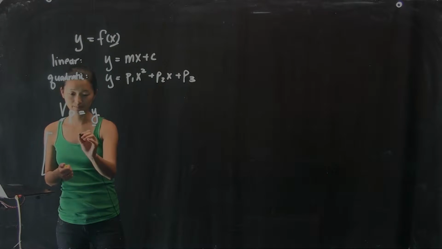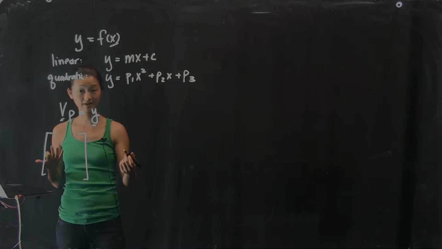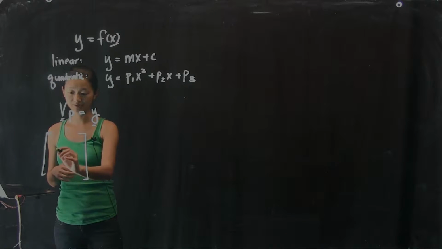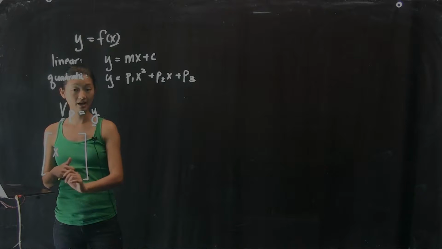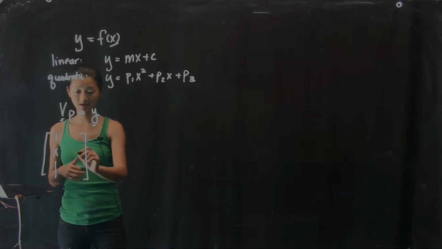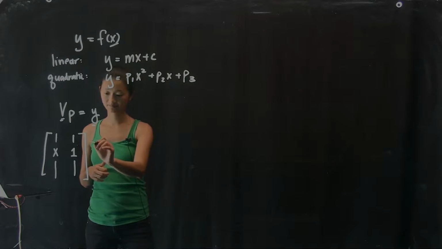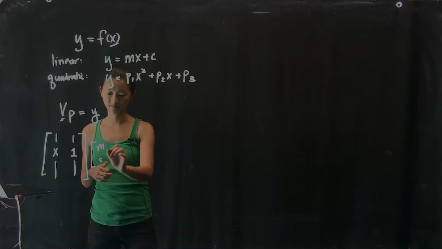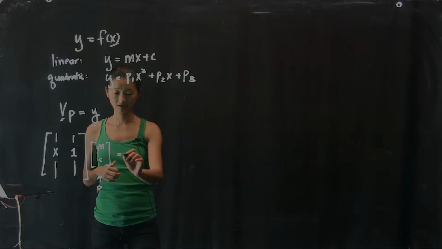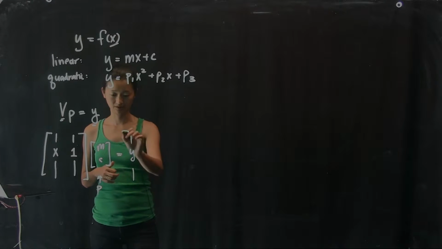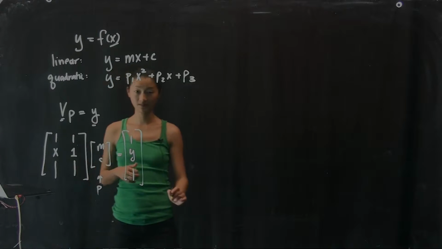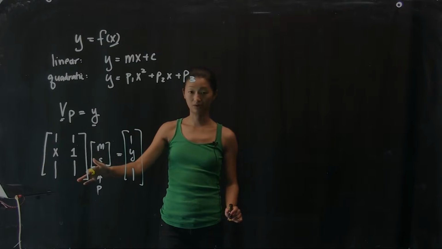The way that we set up the V matrix, recall from last lecture, is that we list all of our X coordinates here and a column of just ones here. Here's my m, here's my c, this is my P vector, equals Y, which is all of my Y coordinates listed here. This is how we're going to do linear regression.